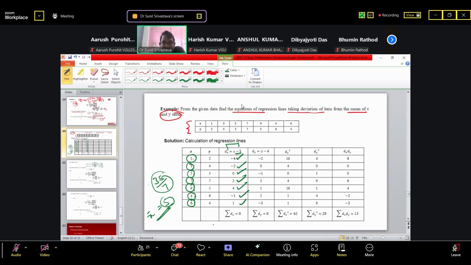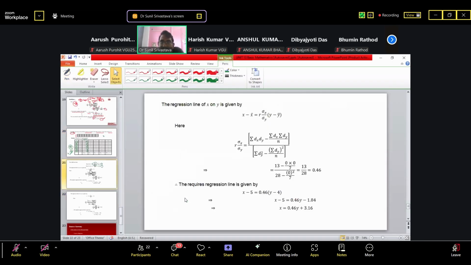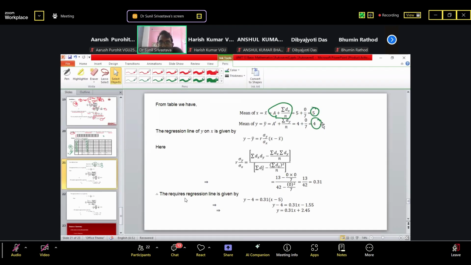In the same way, we do the same for the y series, so take the sum of the y series. 2 plus 4, 6, 6 plus 3, 9, 9 plus 7, 16, and so on, and we get 31. Something in the data is a mistake. The mean is given as 4, so the sum should be 28.